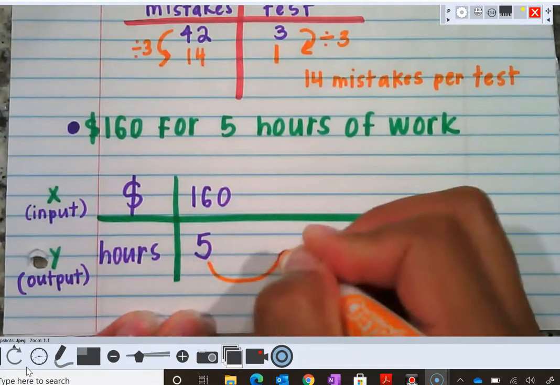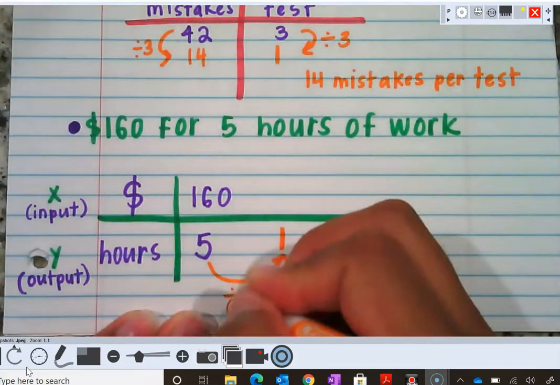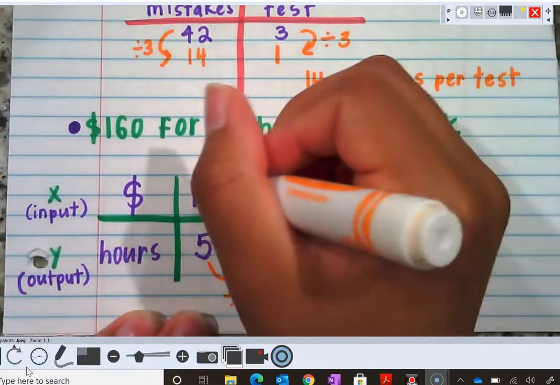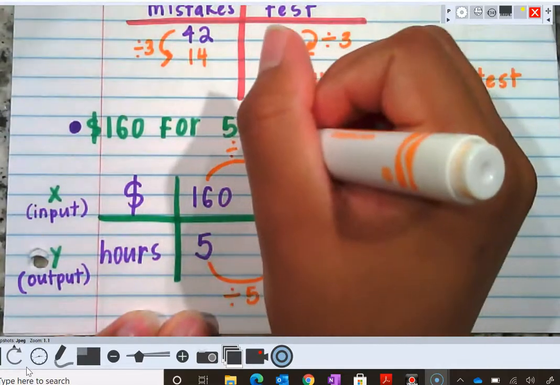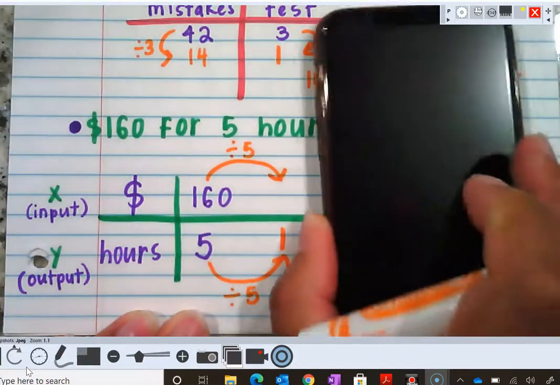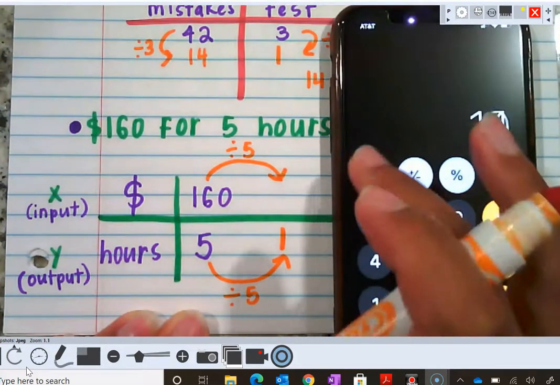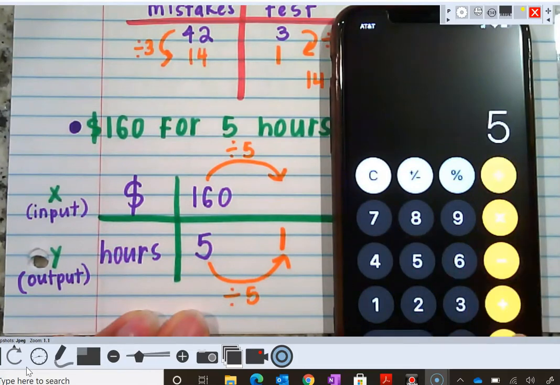So I want to turn this 5 into a 1. And so in order to get 5 to 1, we got to divide by 5. And whatever I do to this hours, I need to do to the money to keep my equivalency. Divide by 5. Let's get that calculator back. 160 divided by 5.